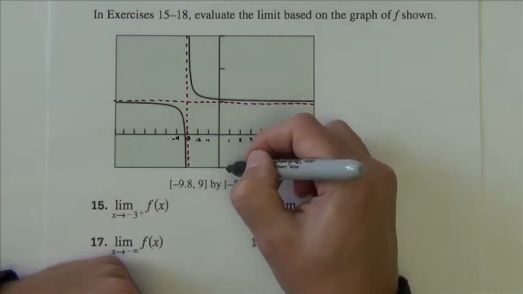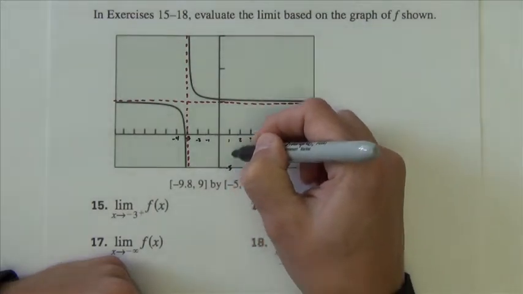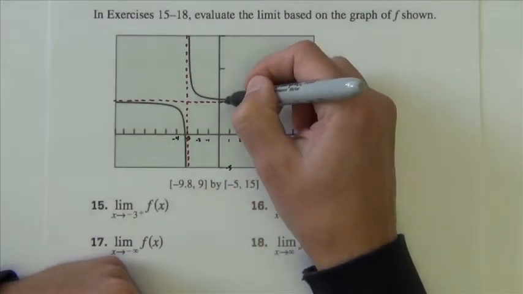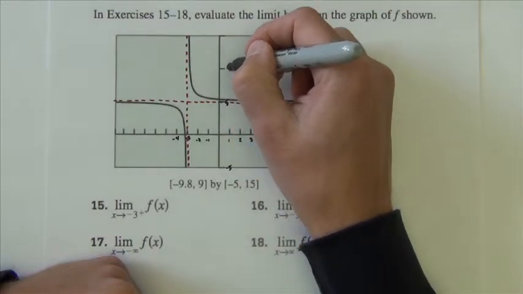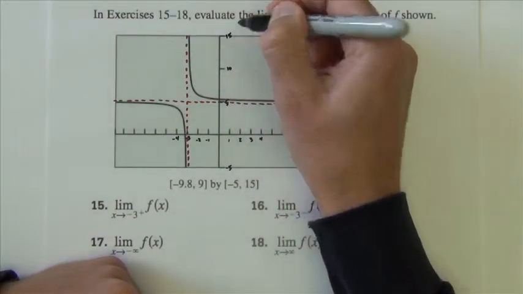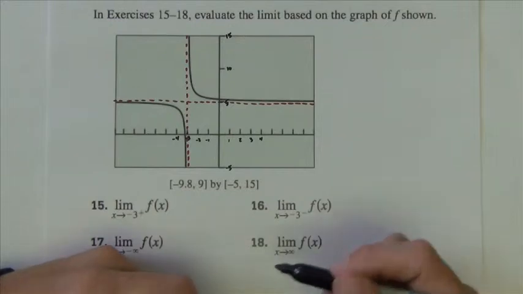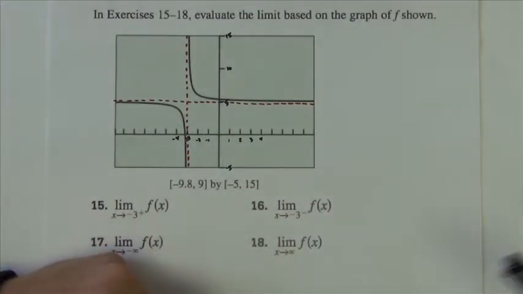So the bottom of this graph is negative 5, which means we go to 0 next, which means we go to positive 5, which means we go to 10, and 15. Okay, so there's the scales, the window settings scaled out on the graphs. Alright, so we want to be able to evaluate these limits.